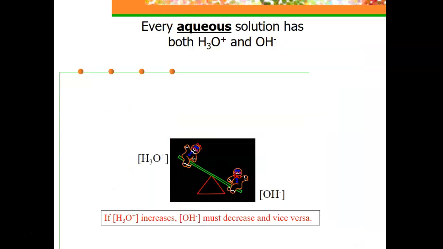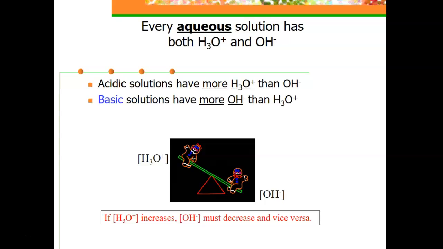All right? Okay, so every aqueous solution has both hydronium and hydroxide. Acidic solutions have more hydronium than hydroxide. Bases have more hydroxide than hydronium. It's like a scale, right? So this scale right here represents an acid because it has more hydronium than hydroxide, and it will change based off the number of hydronium versus hydroxide.